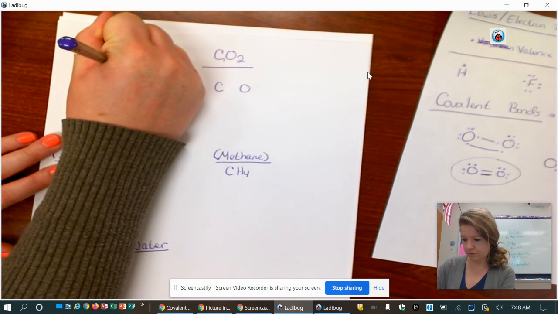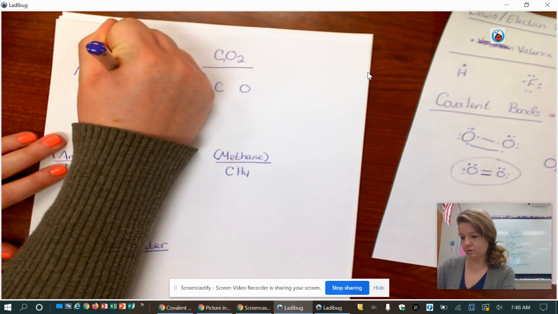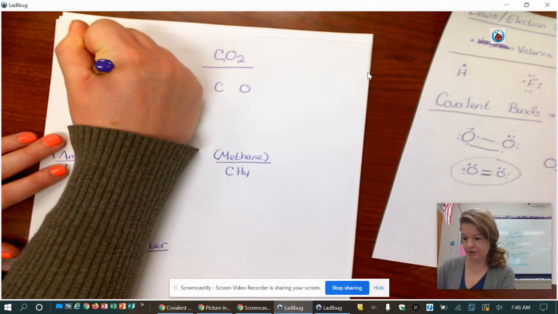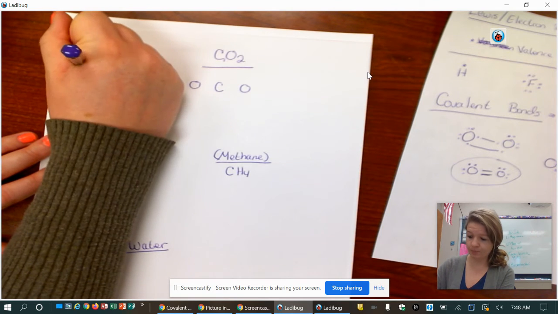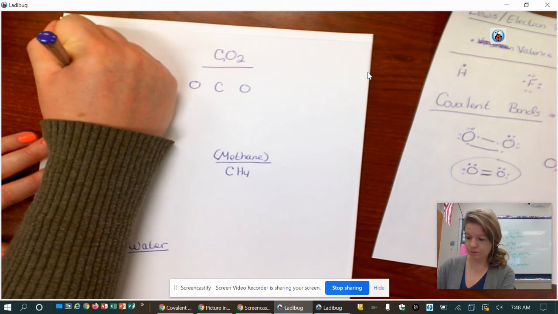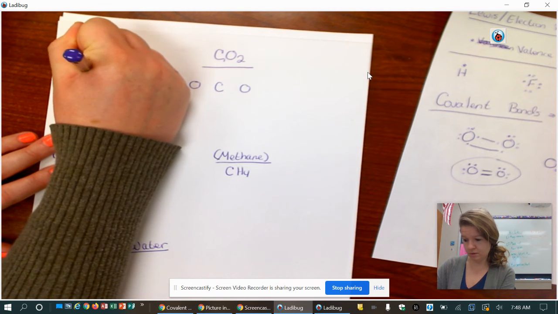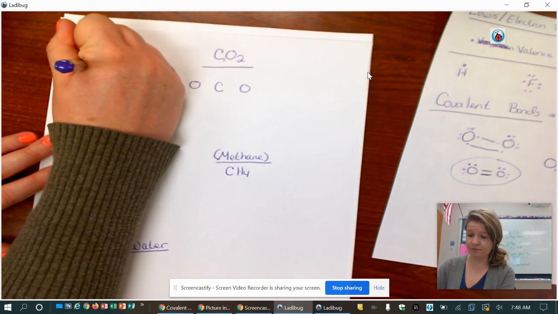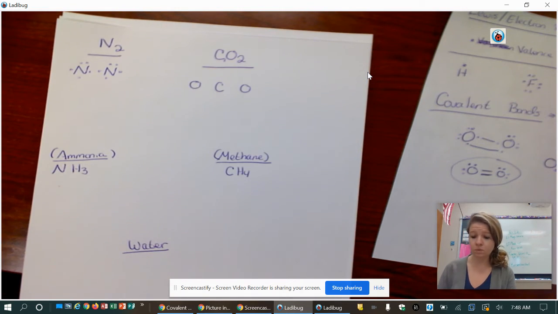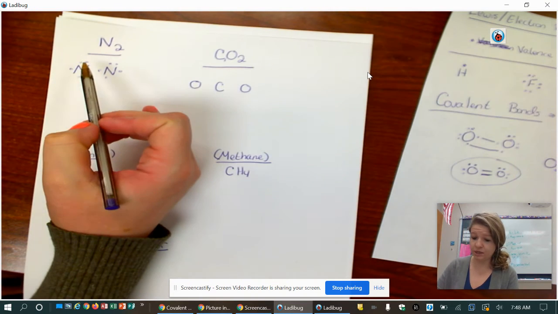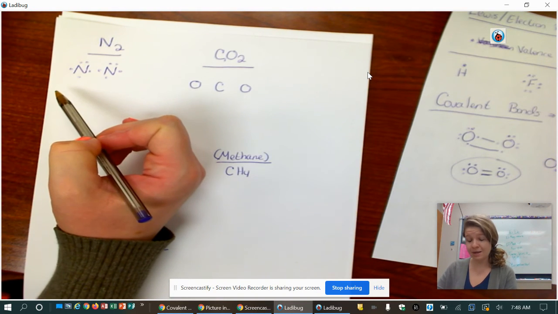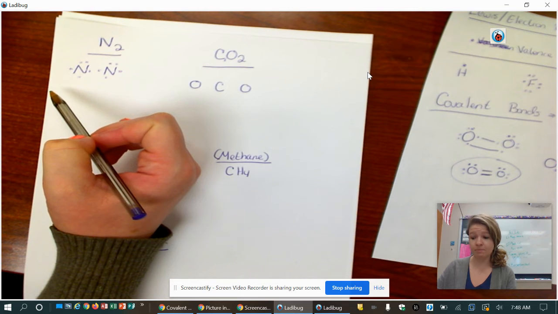Build your house first. 1, 2, 3, 4, and 5. 1, 2, 3, 4, and 5. So we know that nitrogen is going to need how many electrons to be happy?